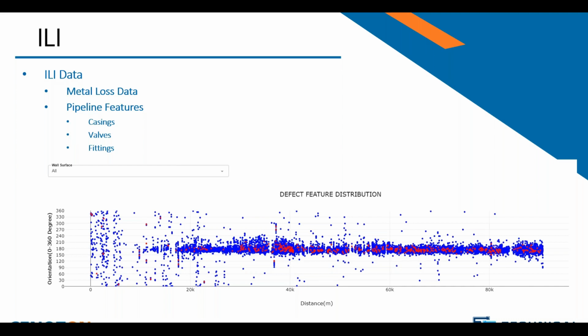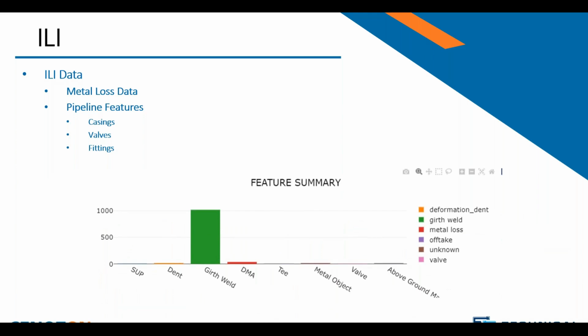And then, of course, we'll also be able to identify where we've got metal loss, valves, welds, etc. through this data. And this, again, gets tied back to that pipeline segment through our connectivity engine.